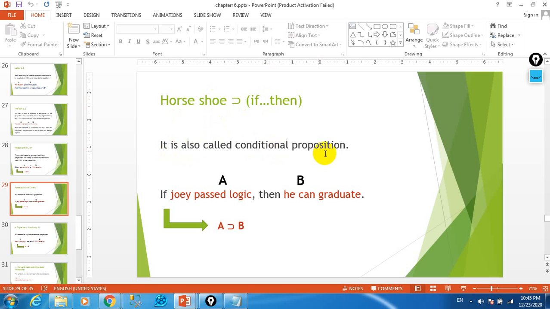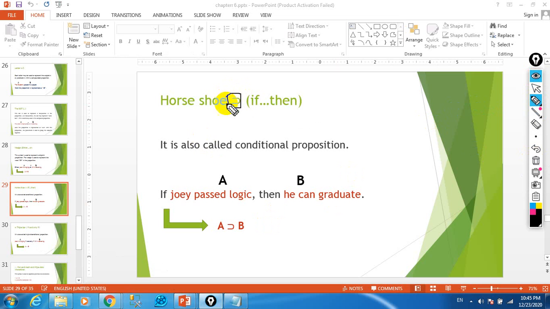It is also called a conditional proposition. For example, if Joy passed logic, then he can graduate. These kinds of propositions we can represent by using the horseshoe symbol. Look at this, this is the horseshoe symbol.